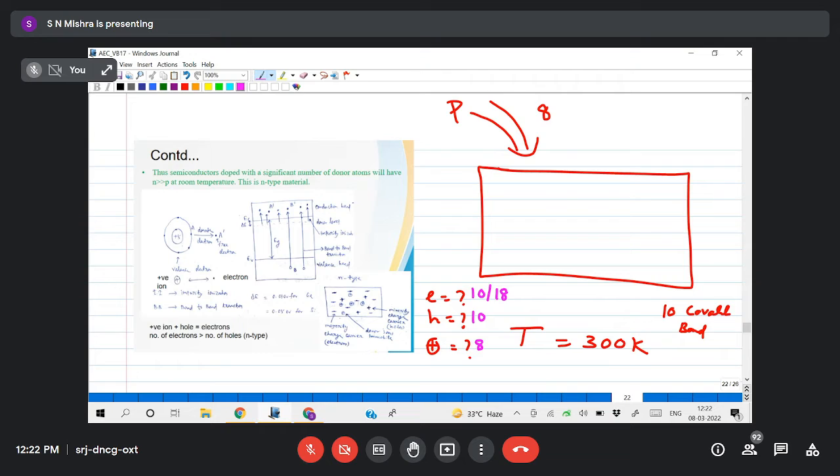10 or 18? Only one has told 18, all are saying 10. So 18 is correct. 18 will be electrons. All agree with that? Yes, sir. If anyone disagrees, then you can tell.